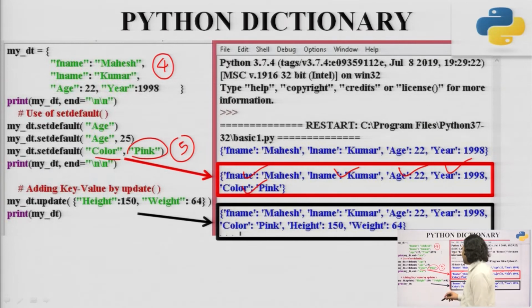Next, we add 2 more pairs with the help of update. The update method is going to add the key value pairs. You can add a single pair, or if you want to add more than one pair, you can do it by using the update method. Here you can see the height and weight. So, the total number of key value pairs is 7.